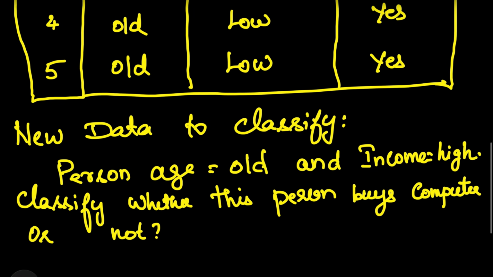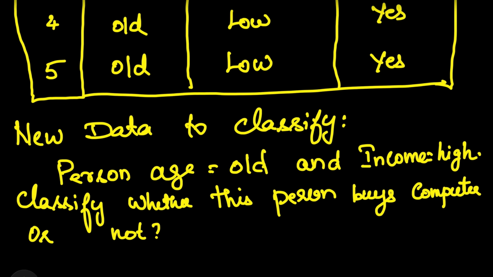And they are asking us to find whether the person with age equals old and income equals high will buy a computer or not, or buy laptop or not. This is what we have to classify.